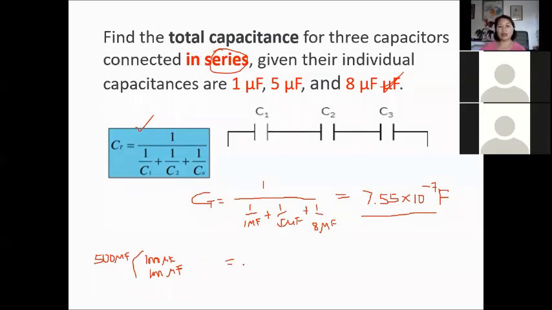So similar yan sa example natin kanina. What if we have dalawang 1,000 microfarad capacitors? Tapos i-combine natin yan. Ano ang equivalent capacitance? Microfarad. Sige. Use your calculator.